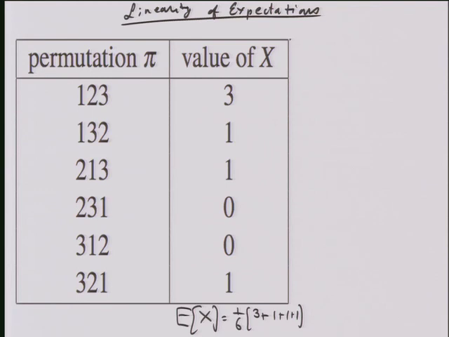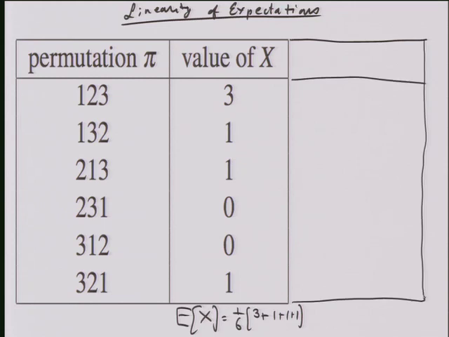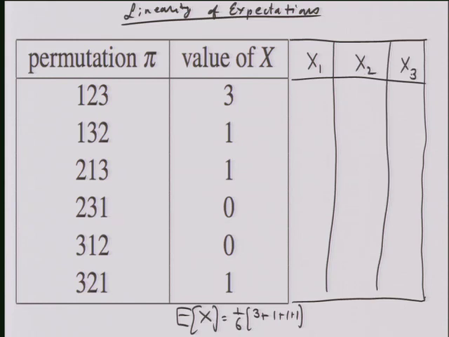Okay, so now here's how linearity of expectations works. What we do is we instead find nice random variables. So we write x as the sum of x1, x2, x3. So what's x1? x1 is 1 if the first person got back their homework. So we have a random variable corresponding to each person, and each person is only keeping track of their own homework.